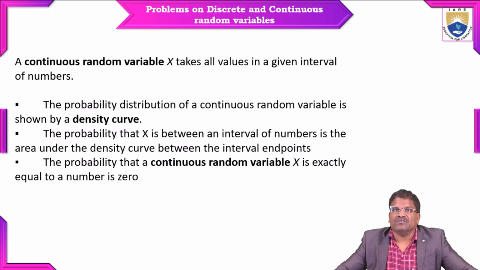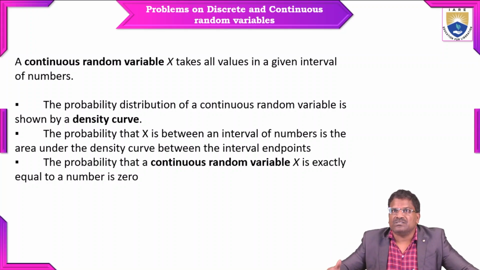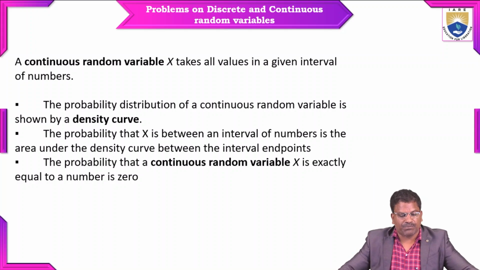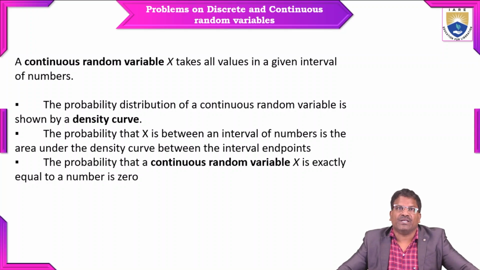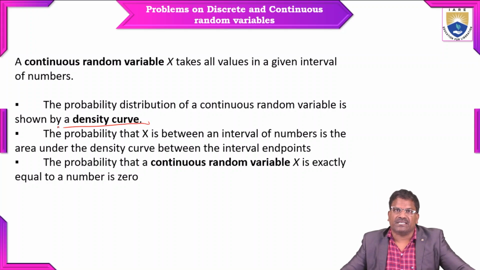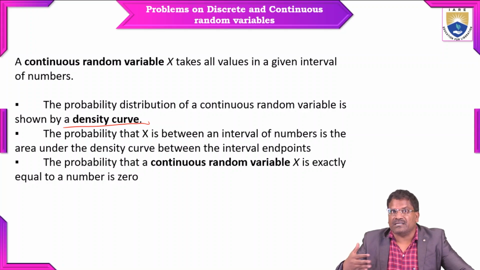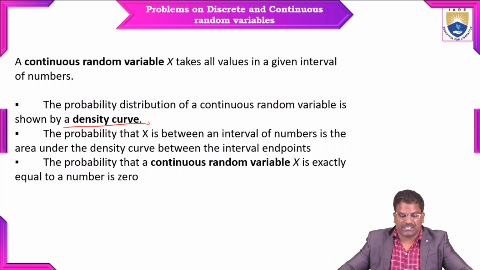So, a continuous random variable X takes all values in a given interval of numbers. The probability distribution of a continuous random variable is shown by a density curve. From this density curve, we can analyze the probability for different values of the random variable.